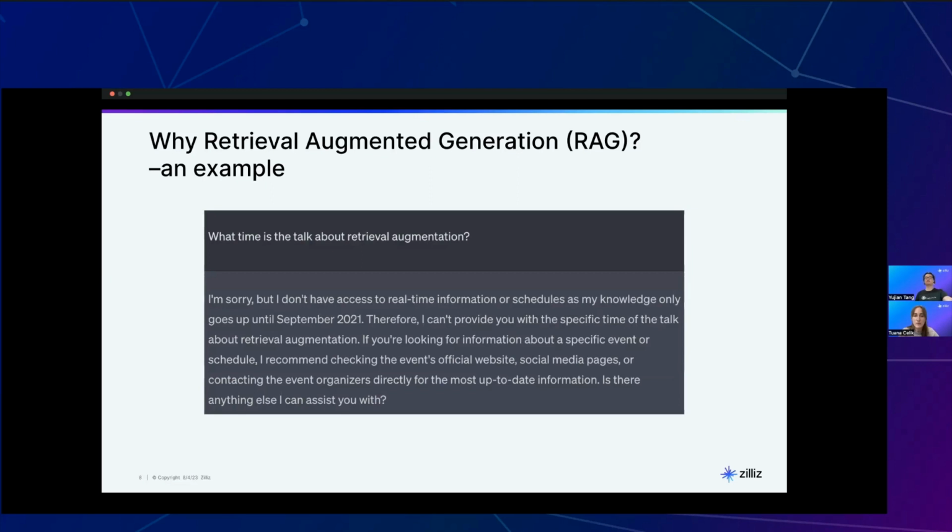And I asked, what time is the talk about retrieval augmentation? And as you can see here, I got a reasoned reply. Here I was using GPT-3. And the reply is that it simply doesn't know. If you're lucky and you're using a model that can do this, you will get a reply that says, I don't know. But in a worst case scenario, you might also get a reply that simply is a hallucination.